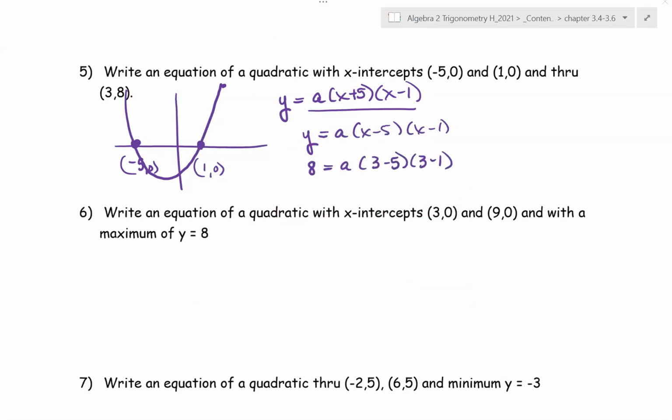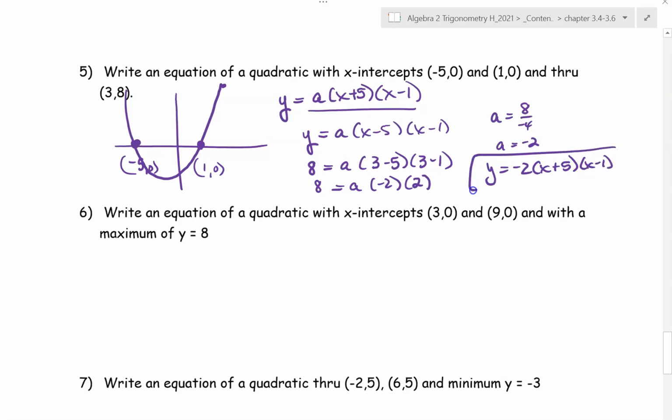Notice we haven't used the point (3, 8) yet, so we know that 8 is a times 8 times 2, so we end up with a is 8 divided by -4. So again, some people like to call this factored form.